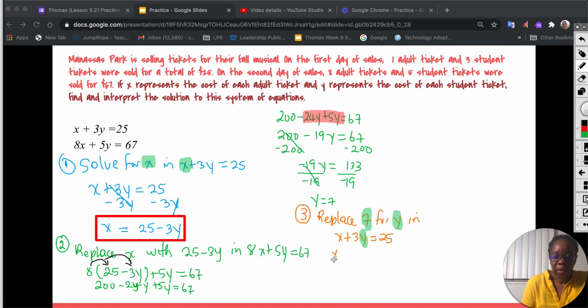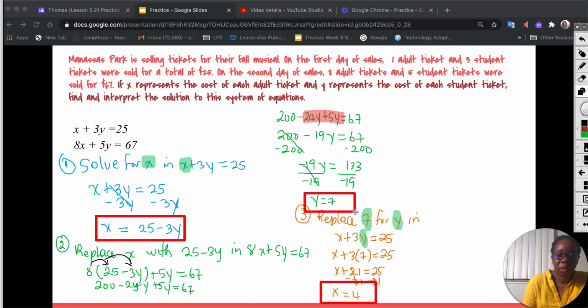So we'll have x plus 3 times 7 is equal to 25. x plus 21 is equal to 25. Subtract 21 from both sides. Means that x is equal to 4. So we have x is equal to 4. We have y is equal to 7.